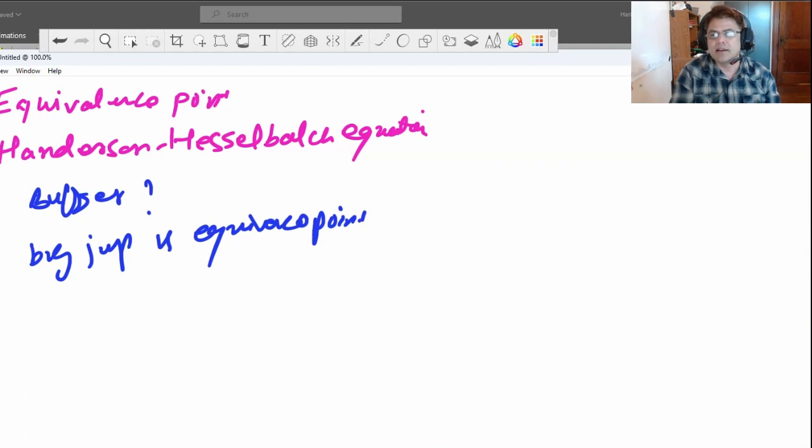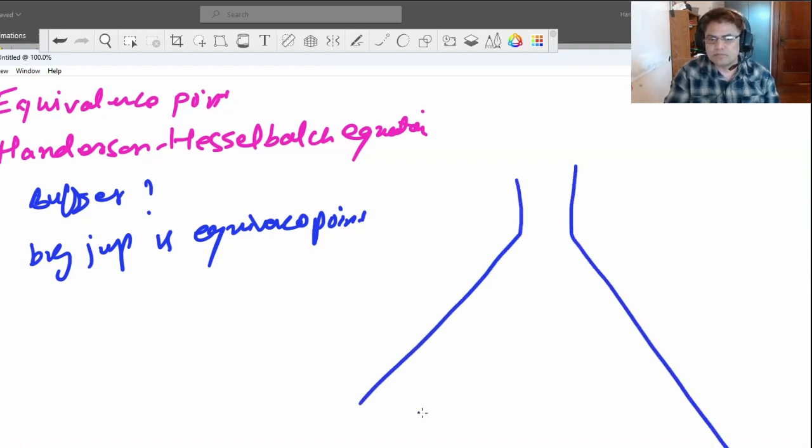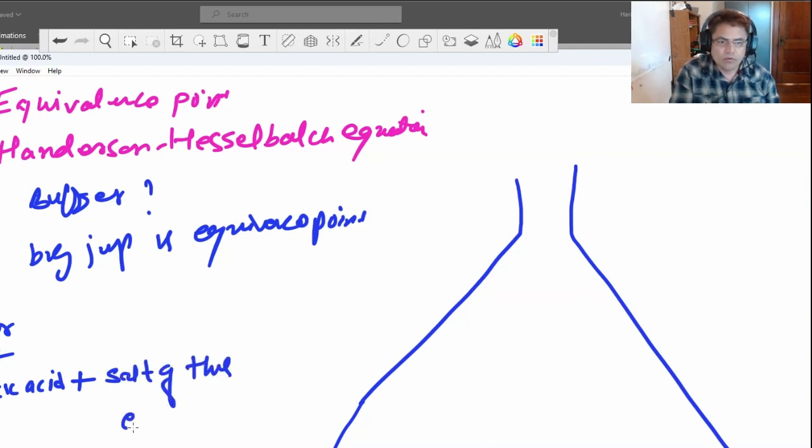Let's understand that. For that, let me draw again. Okay, guys, first of all, what kinds of mixtures are buffers? Weak acid, this is the acidic buffer. We said weak acid plus the salt of this weak acid and a strong base.